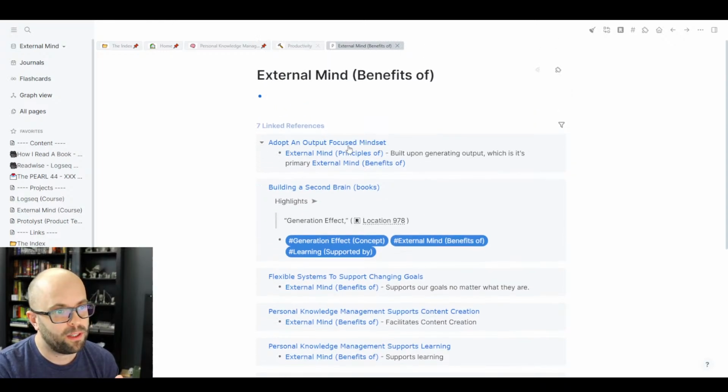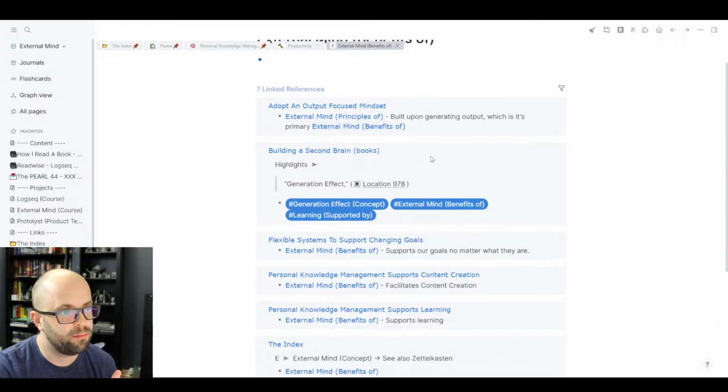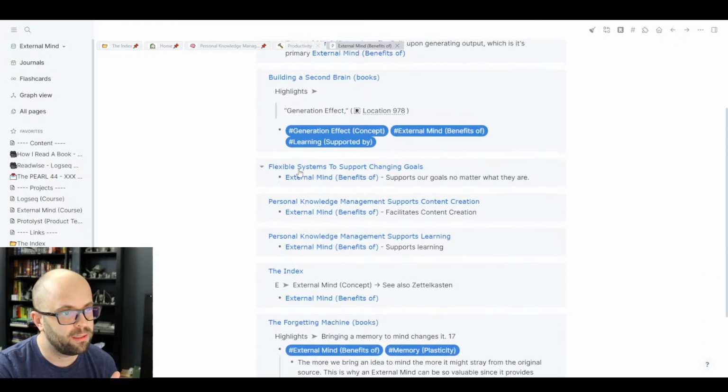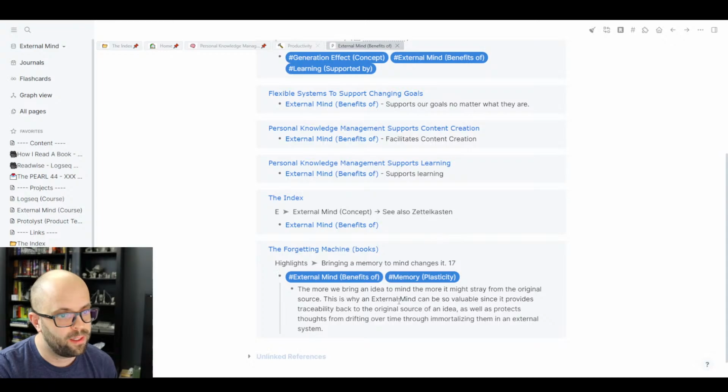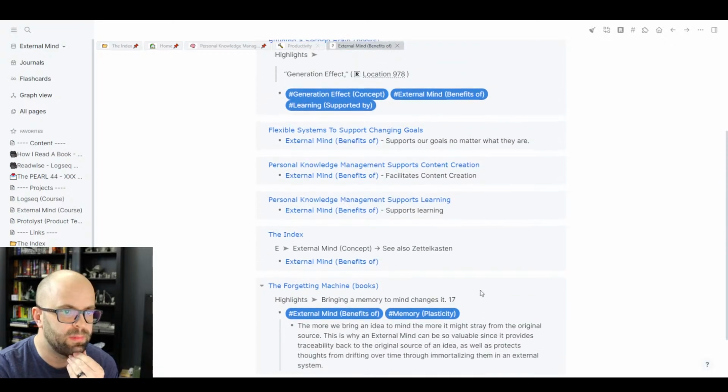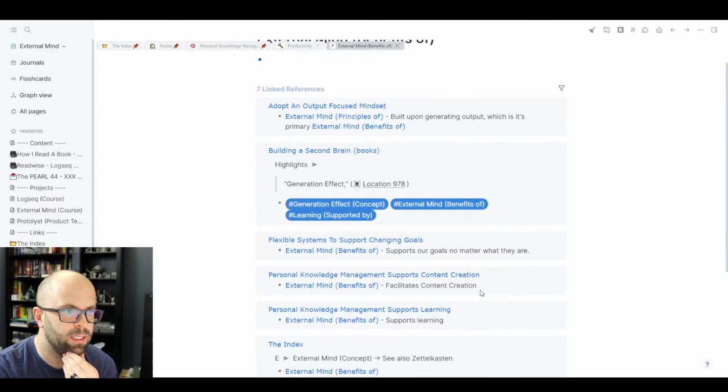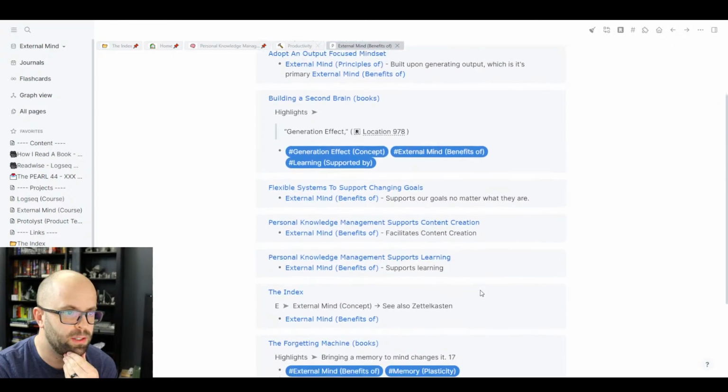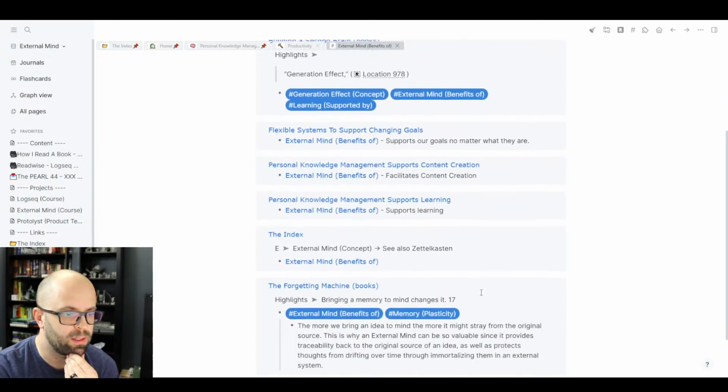So, benefits of adopting an output mindset: the generation effect, flexible systems to support changing goals, supports content creation, learning. This one is really, I think, not related to any of these ideas here.